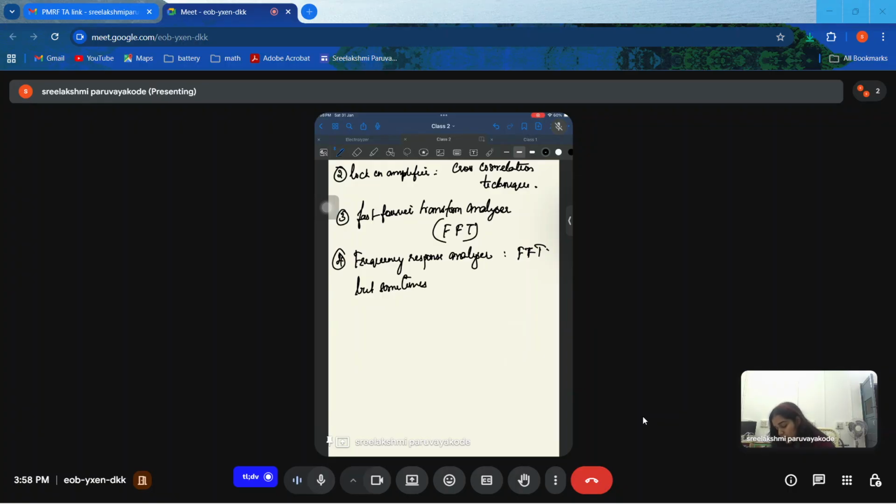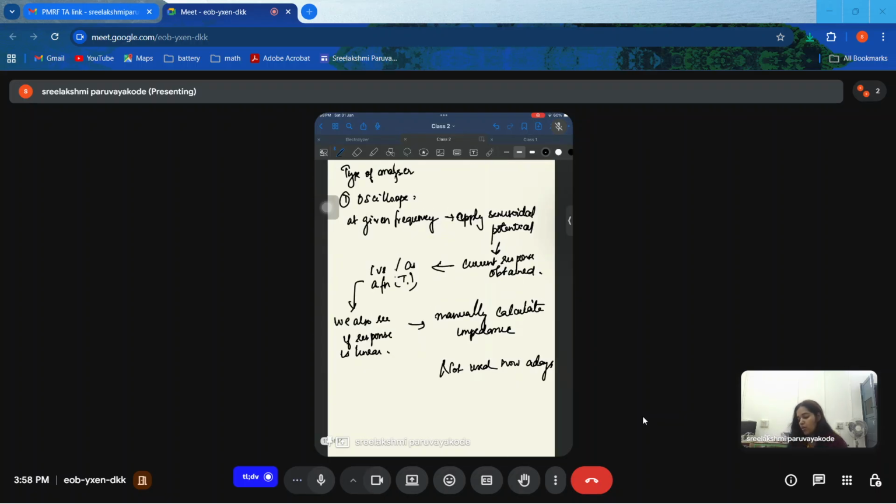Some equipment uses the cross correlation technique and calls it FRA.